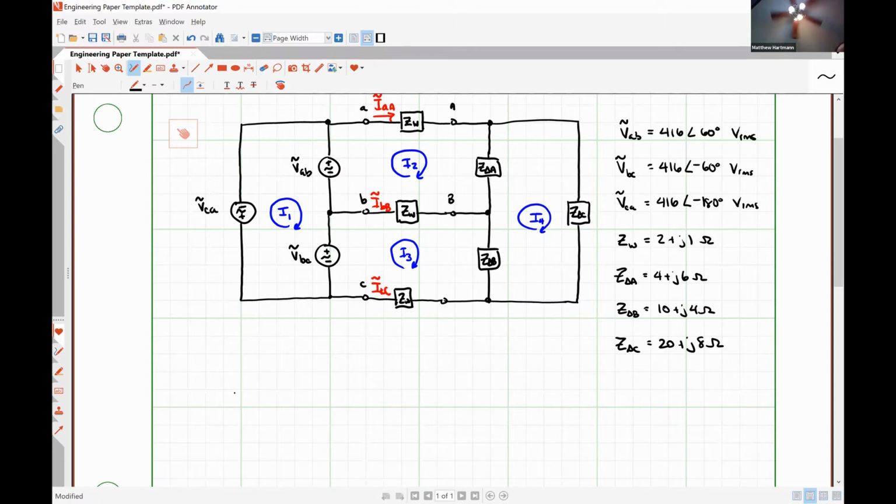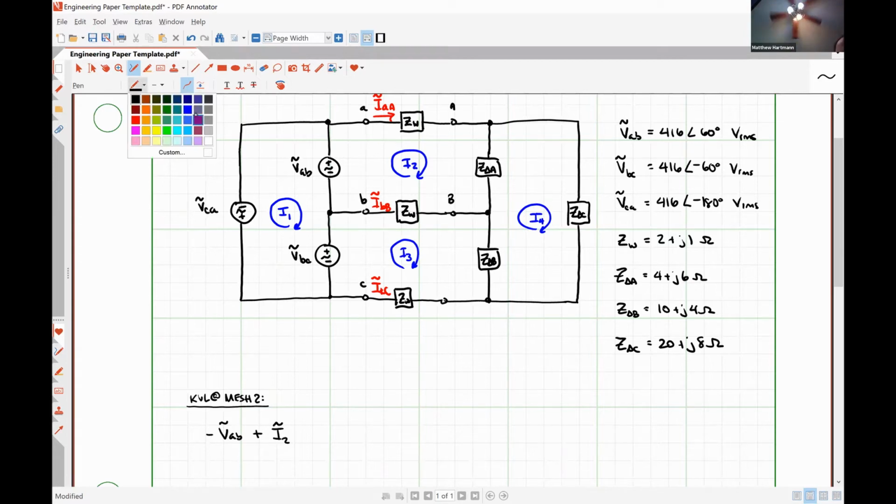So we can start with KVL at mesh 2. We would see negative VAB, which we know, plus I2.